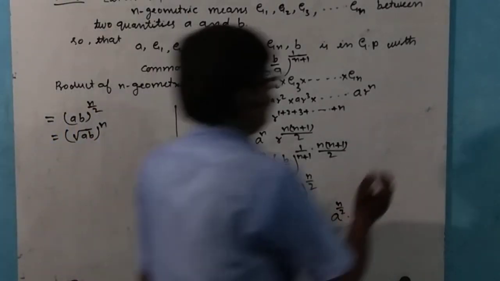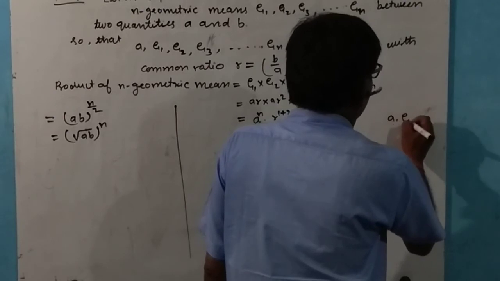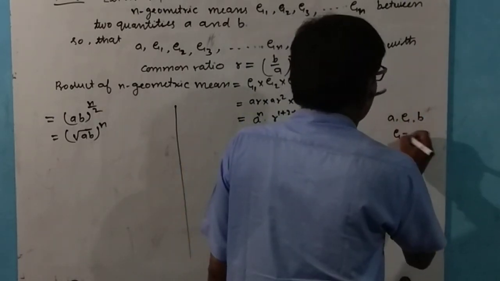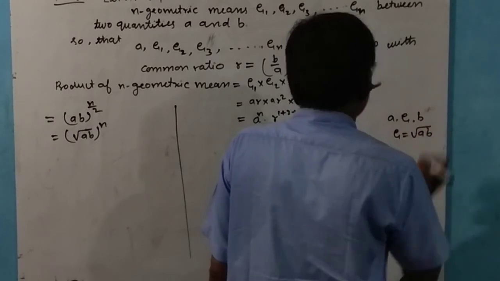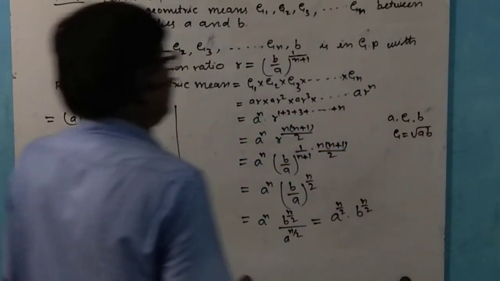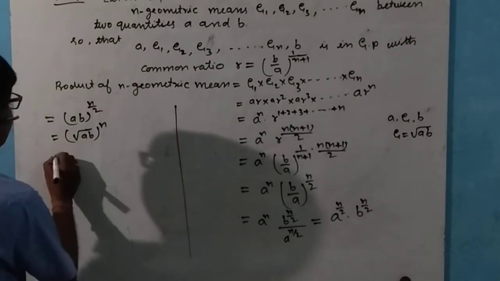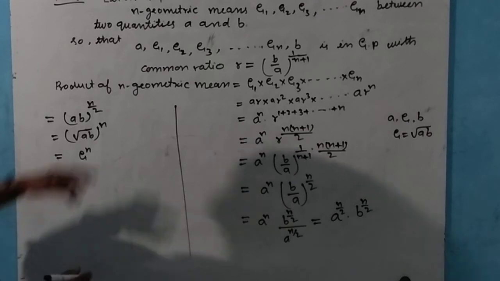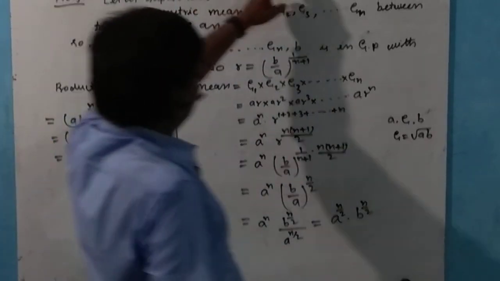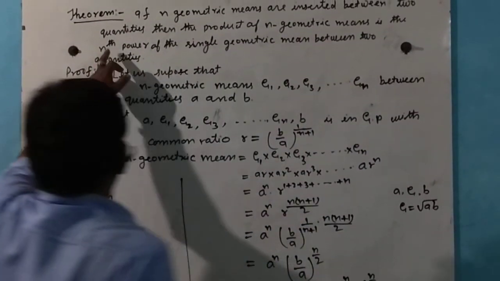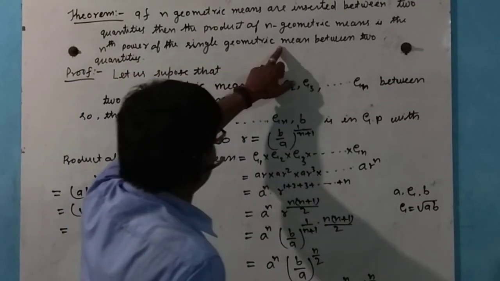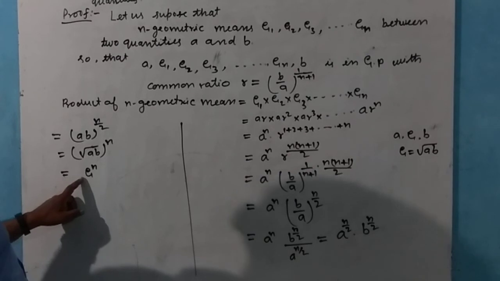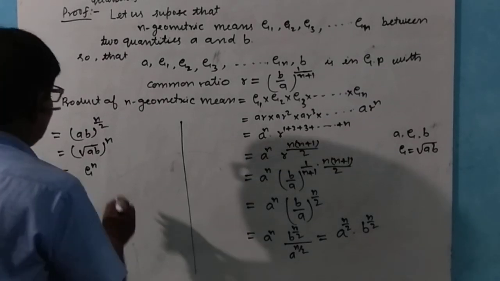I know that if a, g and b are in GP, then g equals under root ab, and this can be written as g to the power n. So the product of n geometric means is the nth power of the single geometric mean between the two quantities.